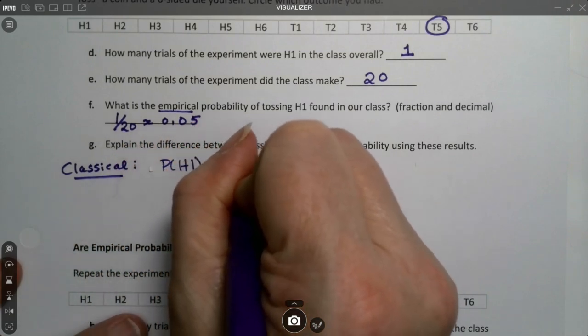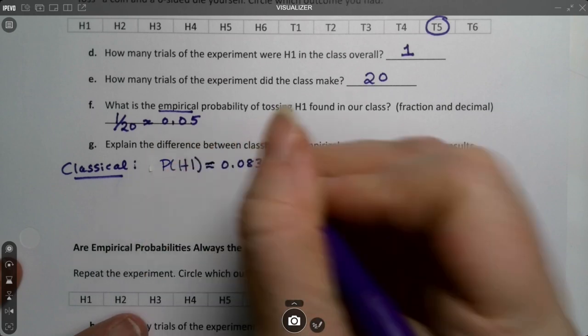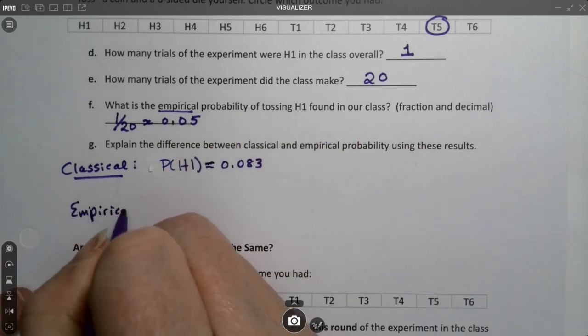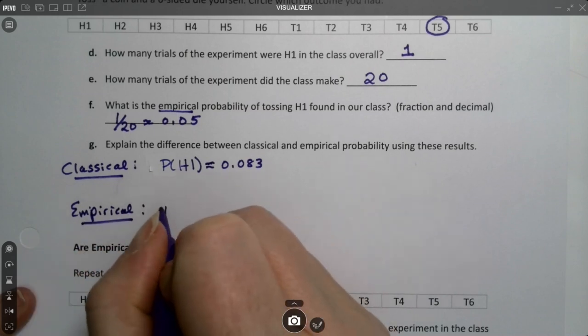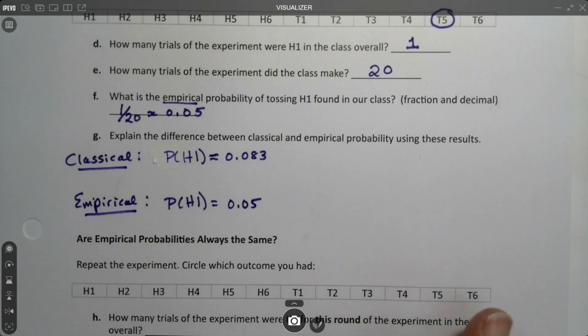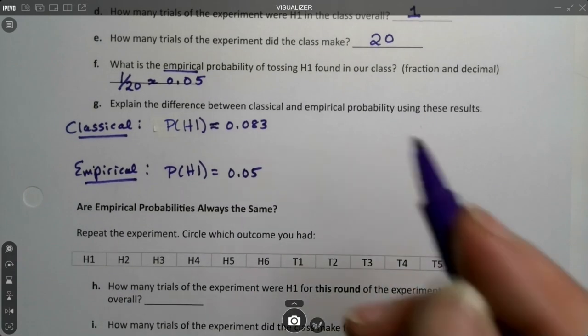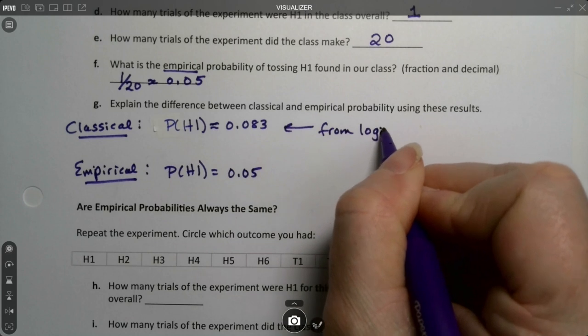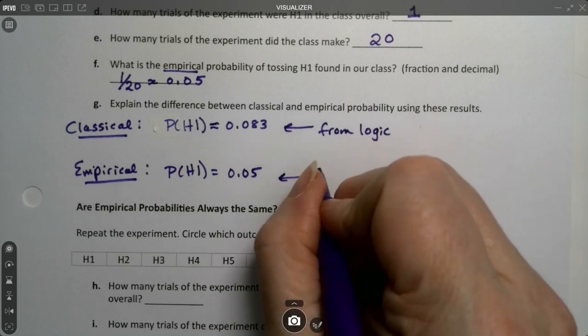I'm just going to write the decimal like this. And the empirical probability of H1 for that class was 0.05. So this one is from logic. This one is from real life.